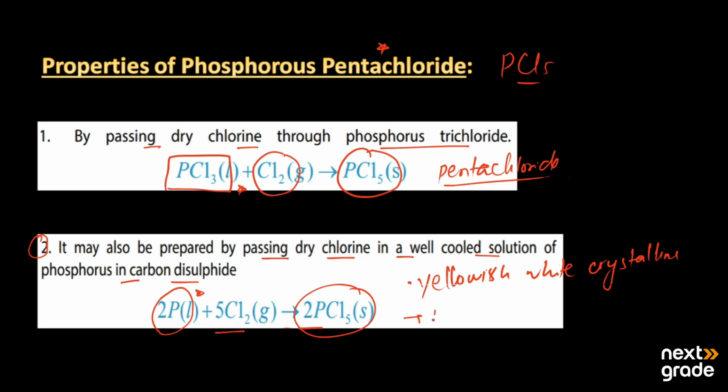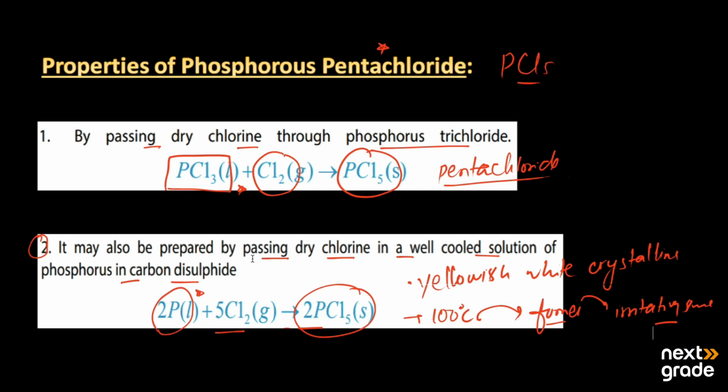The temperature for its sublimation is 100 degrees Celsius. After sublimation, it also gives some fumes in the air. Those fumes may have an irritating smell.